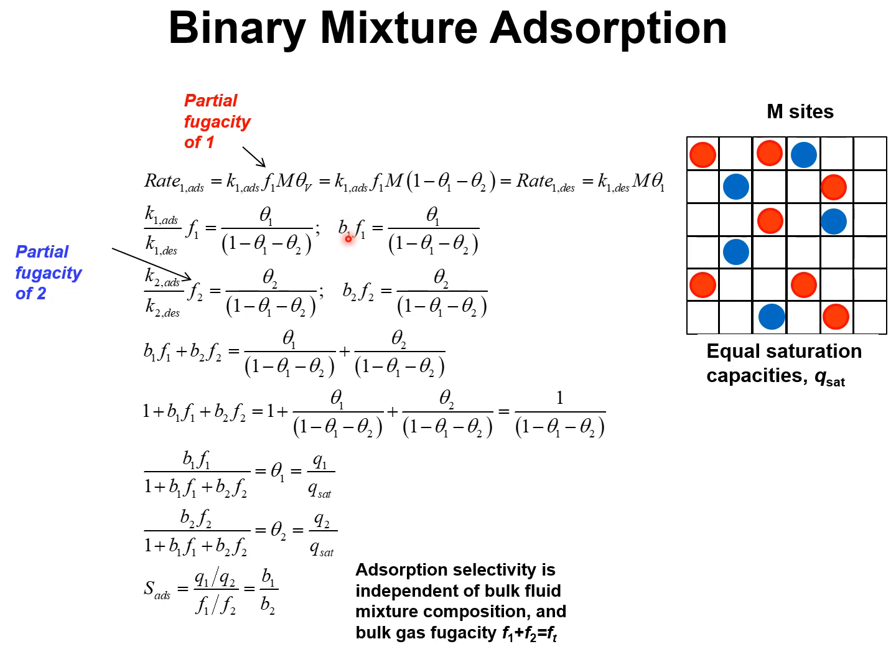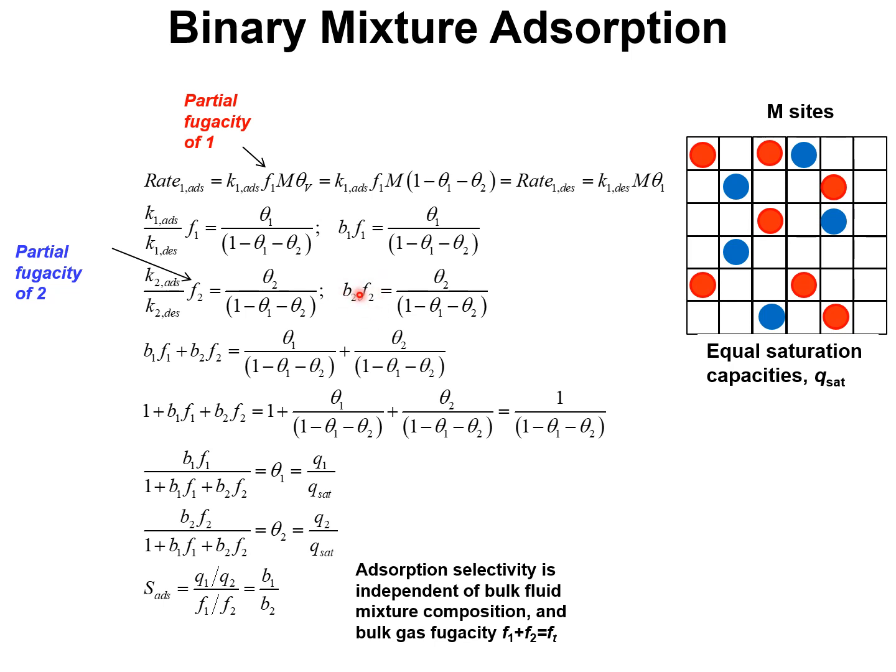This equals the binding constant that was derived in the previous slide for the unary isotherm. Analogously, we obtained an expression for relating the occupancy of component 2 on the checkerboard to the partial fugacity of component 2 in the bulk gas mixture.